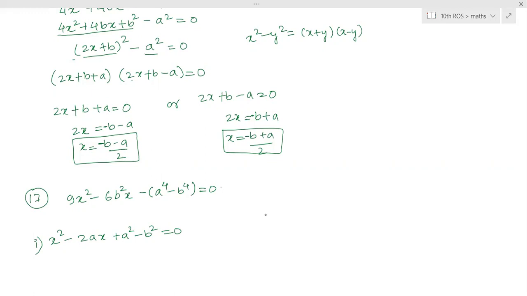Ma'am, it's 3x plus b square plus a square into 3x plus b square minus a square. Which one? The 17th one? Yeah. Then find the value of x.